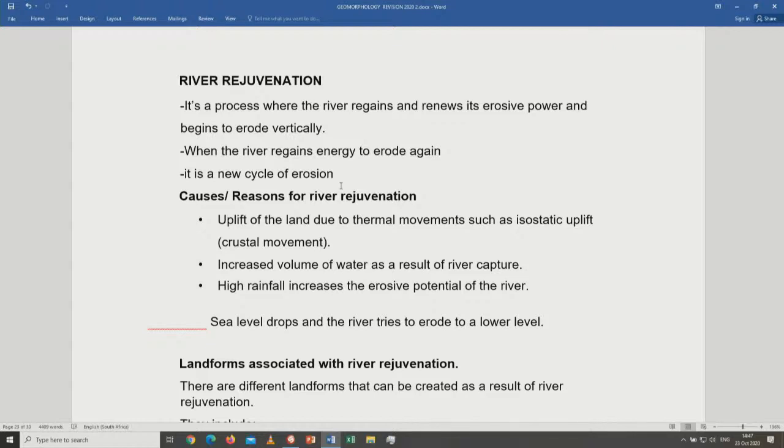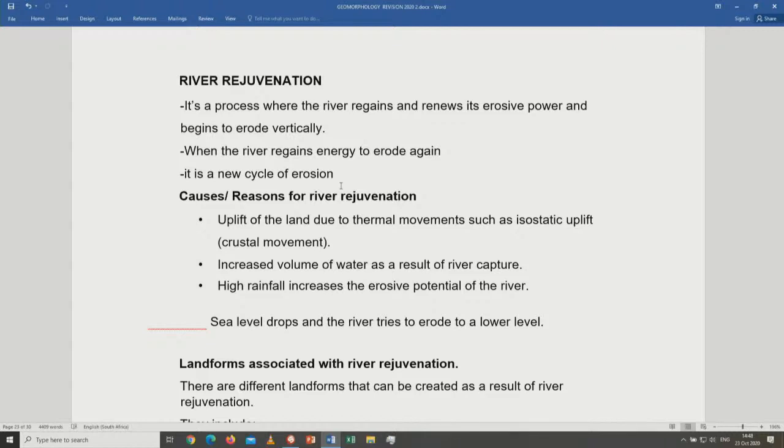And then causes or reasons for a river rejuvenation. Uplift of a land due to a thermal movement such as isostatic uplift also can cause a river rejuvenation. Can cause that particular river to start to flow again. Increase volume of water as a result of river capture. High rainfall increases the erosive potential of the river.